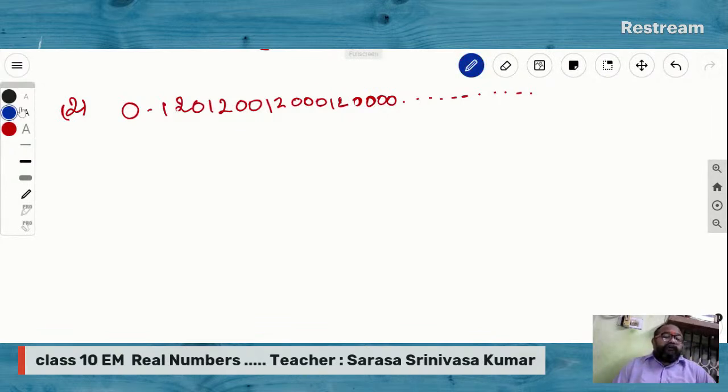So I suppose that this is equal to x. The given number is x. The given number.